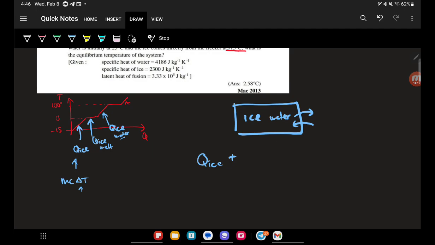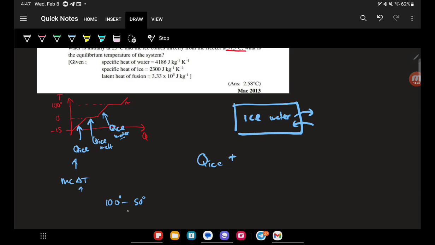So we do not need to provide any positive or negative sign, because with the change of temperature, if it goes from low temperature to high temperature, of course it's going to absorb energy. If it goes from high temperature to lower temperature, of course it's going to dissipate heat energy. Let's say from 100 to 50 degrees Celsius, it's going to dissipate energy.